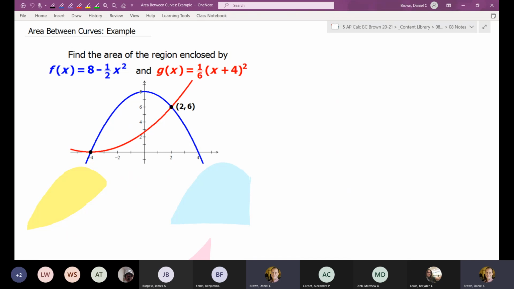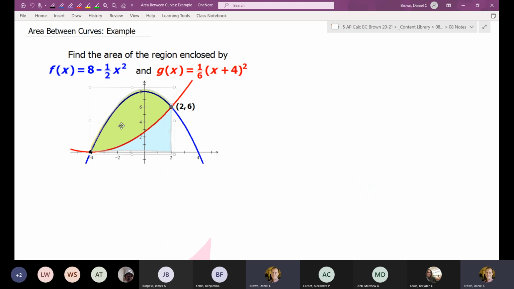So looking at this one, we want to find the area of the region enclosed between those two graphs. And the region is what I used this little yellow piece for. That is the area we want to find, the area of that shaded yellow region. Well, how are we going to find that area? I know the definite integral is the area from the curve down to the x-axis.